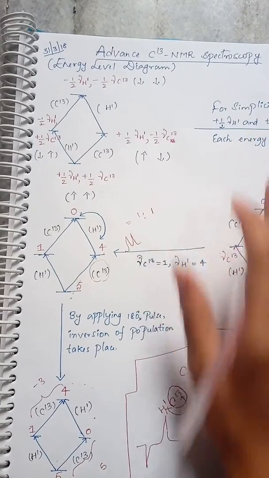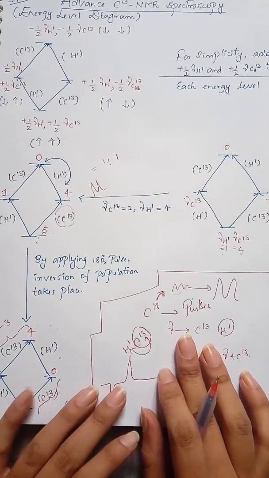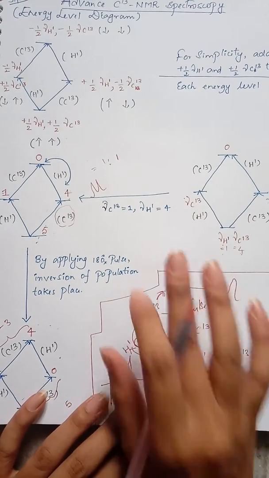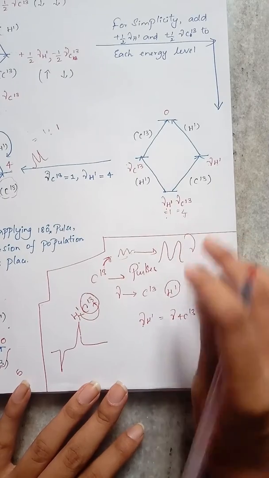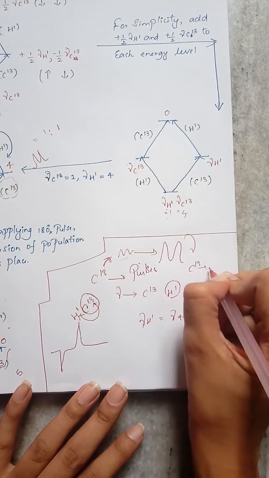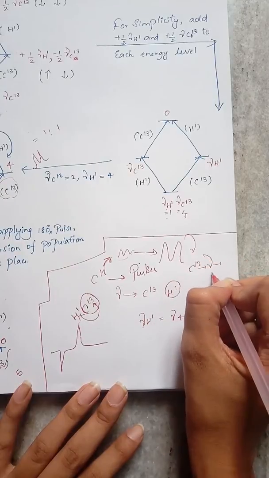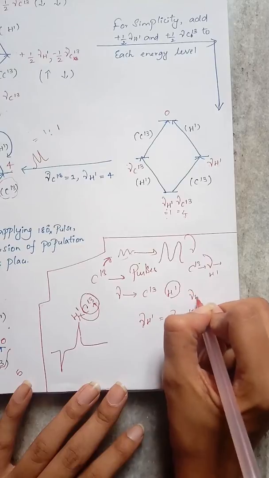So the reason behind making this video is that the intensity of the NMR signal totally depends upon the gyromagnetic ratio gamma. For C13 nuclei this gyromagnetic ratio value is very low compared to proton.